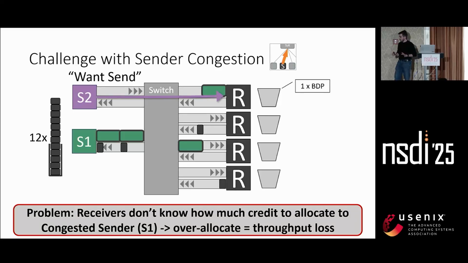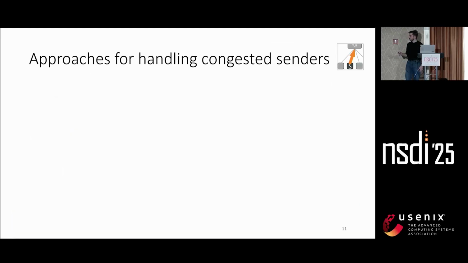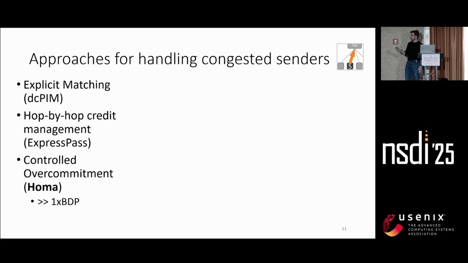So if we step back a little bit, the problem here is that receivers don't really know how much credit they should allocate to S1. And so what they end up doing is they overallocate, which yields throughput loss effectively at the end. So the problem of congested senders is not new for receiver-driven schemes. There have been proposals like creating a bipartite match between senders and receivers before sending, or programming switches to do hop-by-hop credit management.